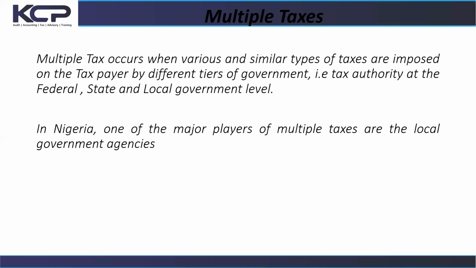So that's what we are talking about when we mean multiple tax. In Nigeria, one of the major players of multiple tax are the local governments. States also fall victim of this, but mostly it is common with the local government.